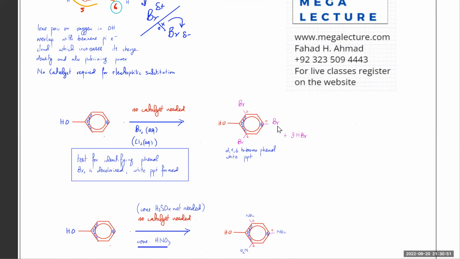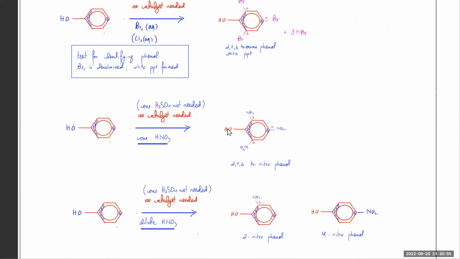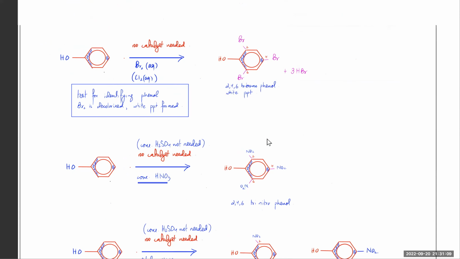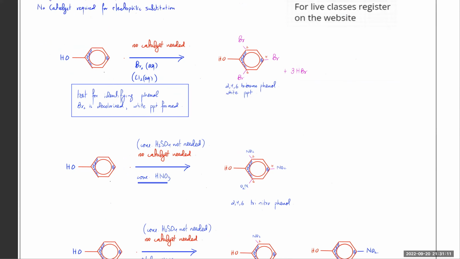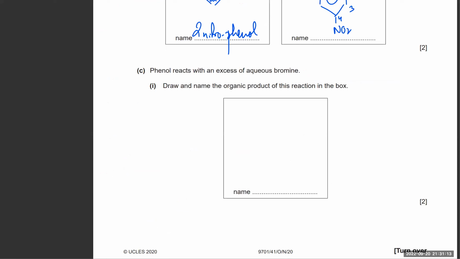If you do bromination, bromines will get attached to all 3 positions, 2, 4, and 6. If you do nitration, you don't need H2SO4 as a catalyst. With concentrated nitric acid, NO2 gets attached to all 3 positions. If you just add dilute nitric acid, NO2 gets attached to only one of the positions. So we're talking about this one. That's your white precipitate that is going to be formed.